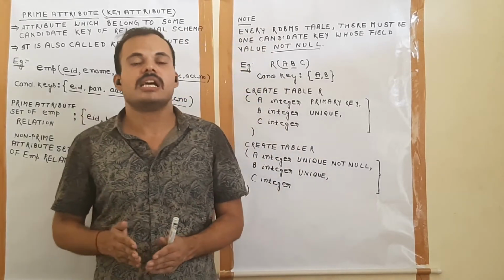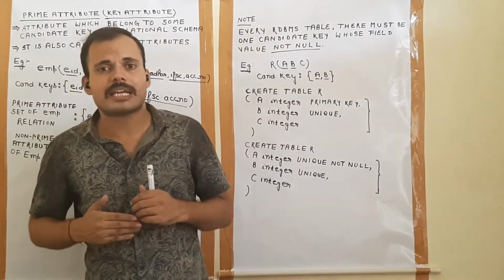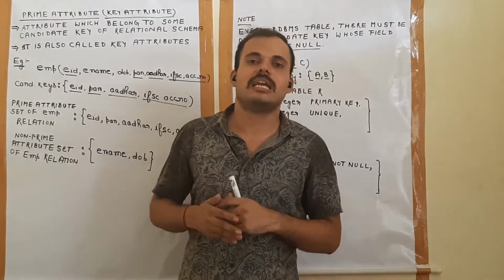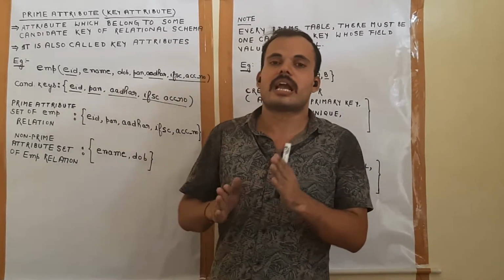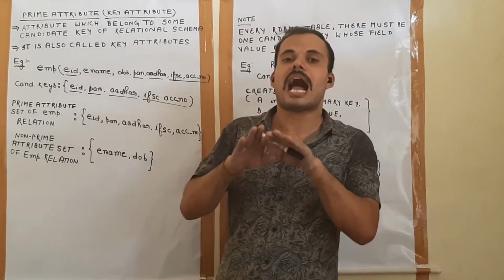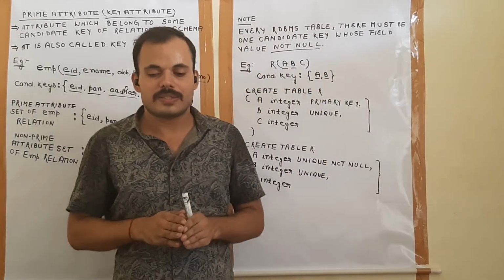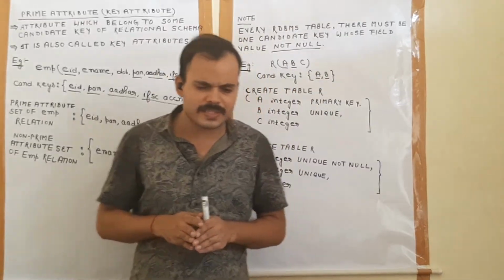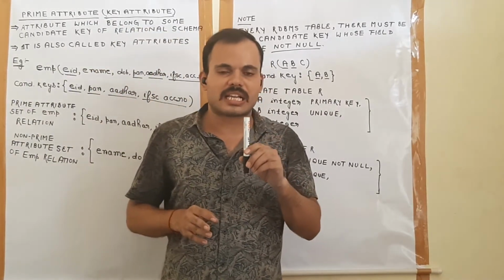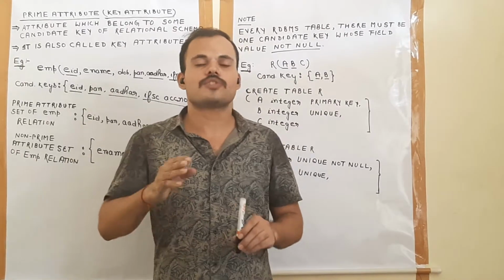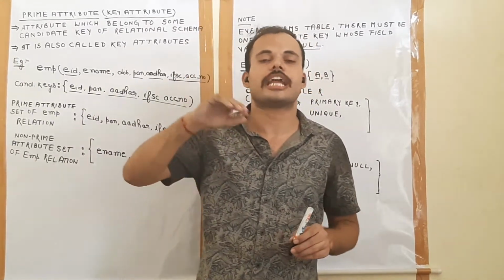In a relation there can be no primary key or 1 primary key, and no other conditions. And we know that the primary key is the candidate key whose field values are not allowed to be null.